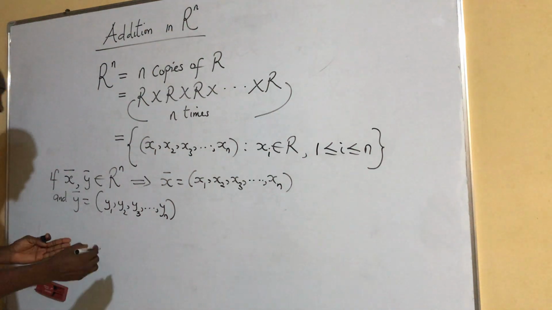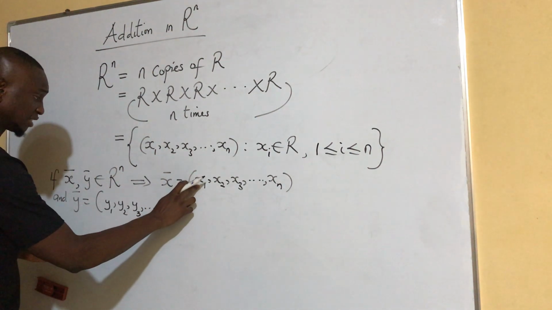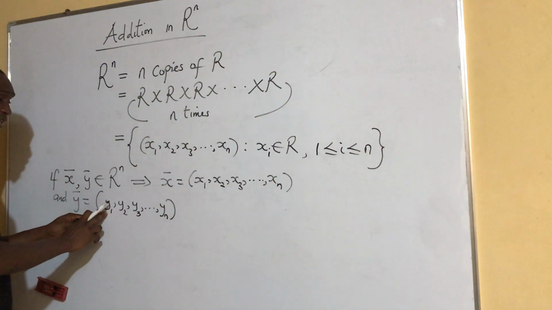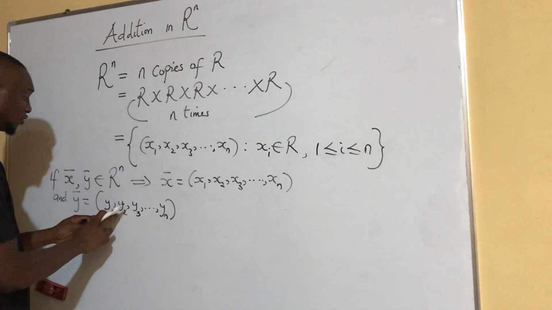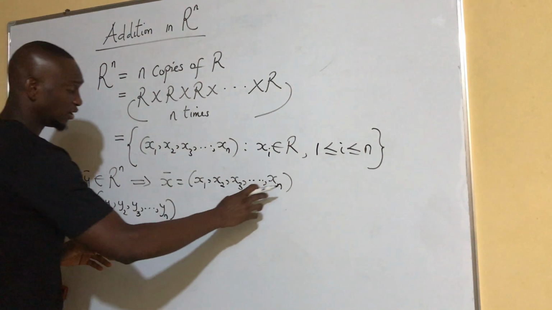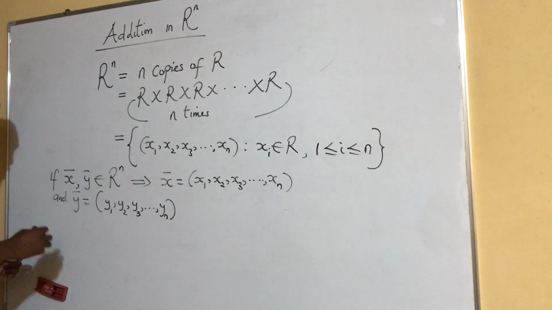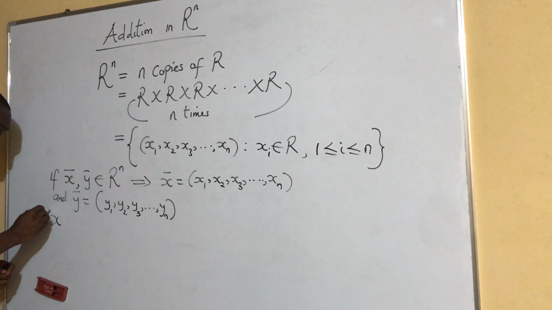The only way we can add these is: the first element we add to the first element, the second element we add to the second element, the third element we add to the third element, and the nth element we add to the nth element. Now this is the outcome of the sum.